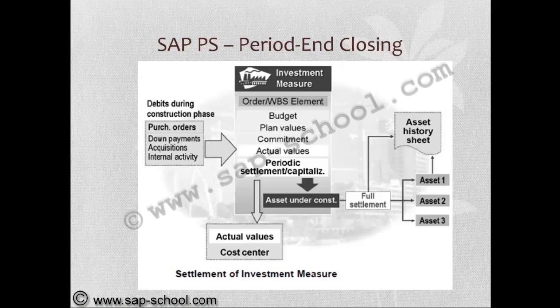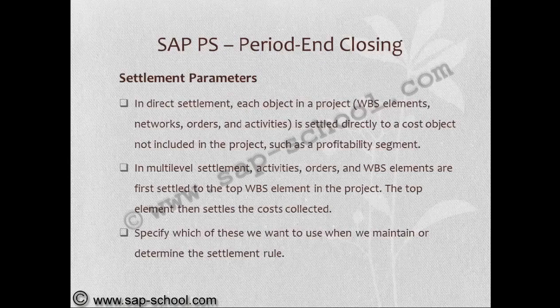The periodic settlement will take place, and that will be transferred to the asset under construction periodically, and actual values placed on the cost center. Then whenever we do the full settlement, it will go to the assets. We can take any number of assets. So this is the cycle of settlement of an investment measure, that is, the WBS element.